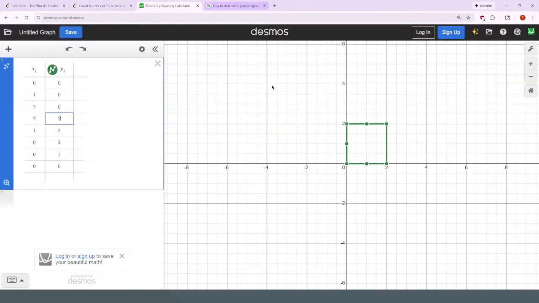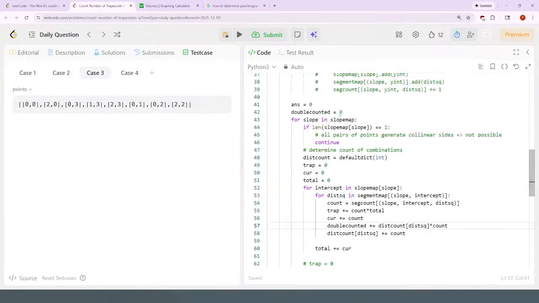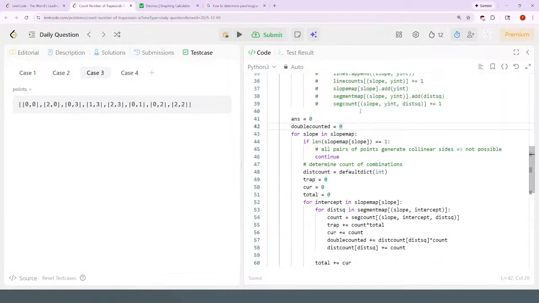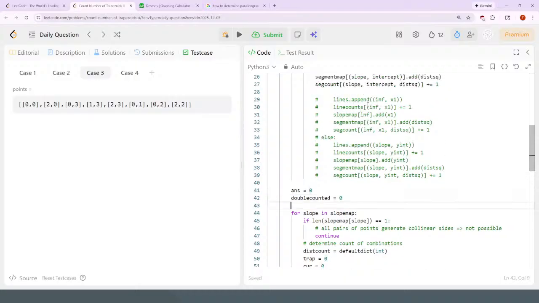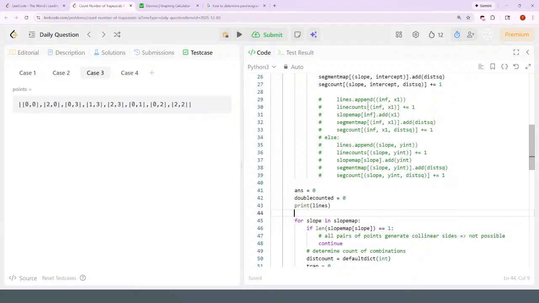Okay, let's think of this. So I guess maybe I should print out things. Okay, so print out the, I guess I can print it all out. Print out the lines.